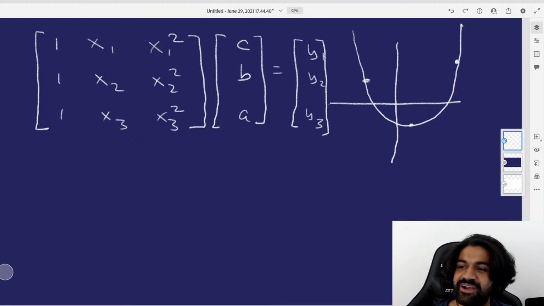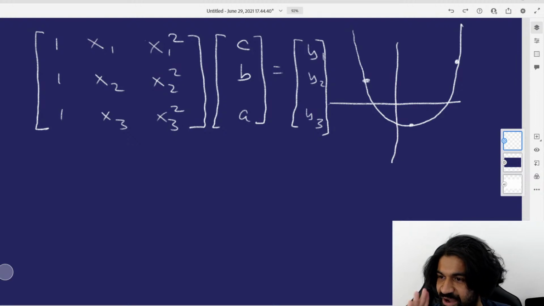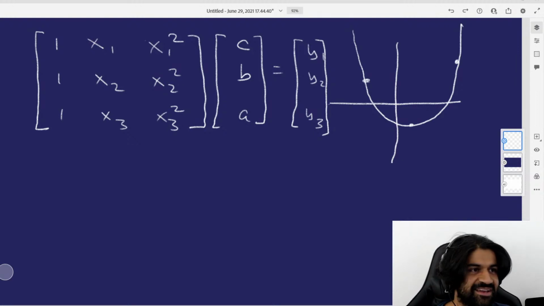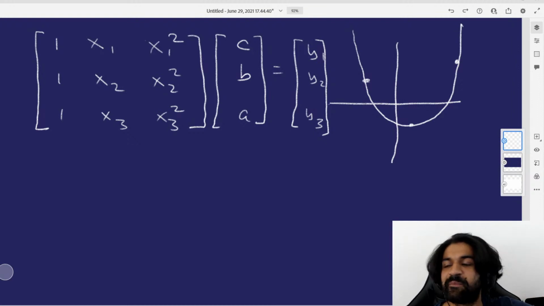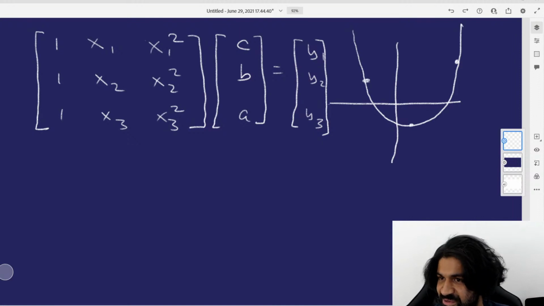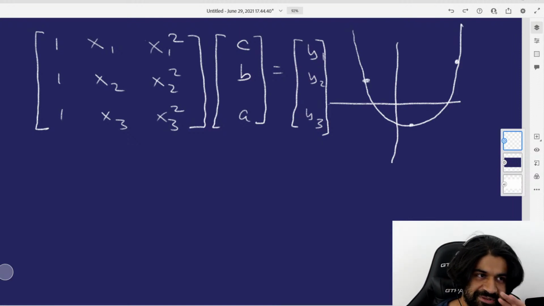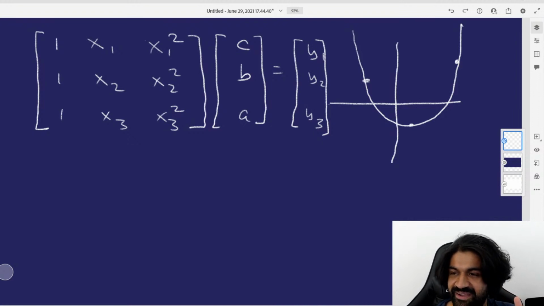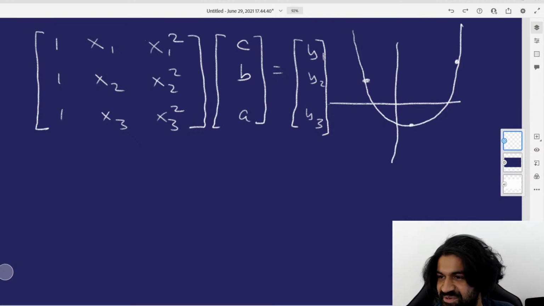Like, there is a quadratic and it does exist. Hopefully that makes sense, Jamie. As I pump my degree higher, I basically get way more polynomials that can pass through those points. But what I'm asserting to you right now is that there's only one quadratic that goes through these points.